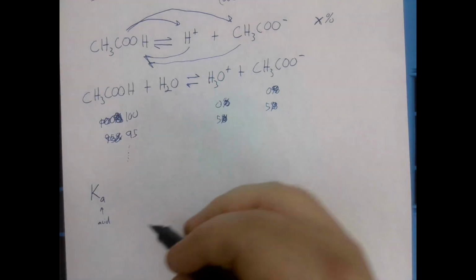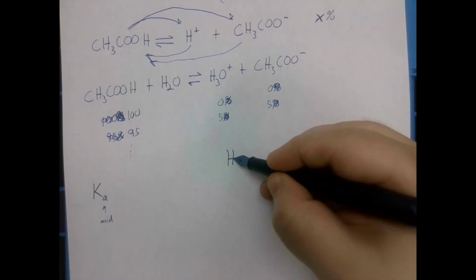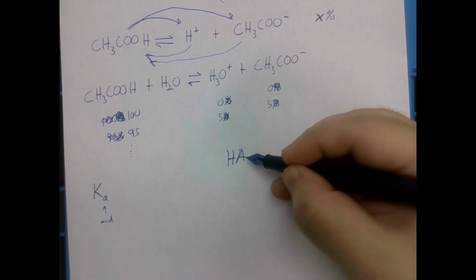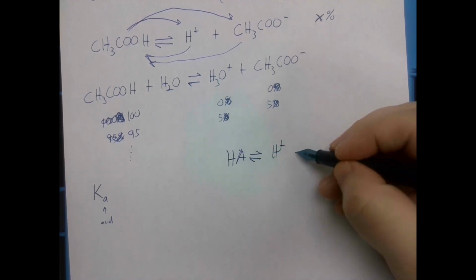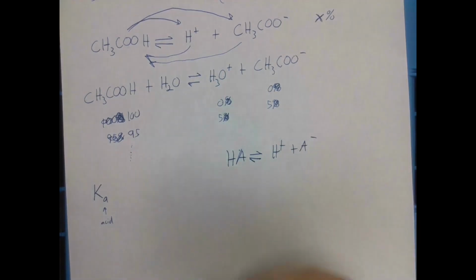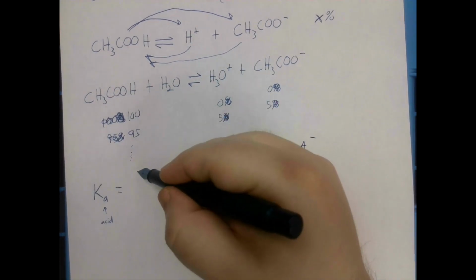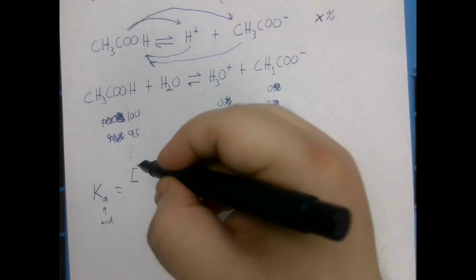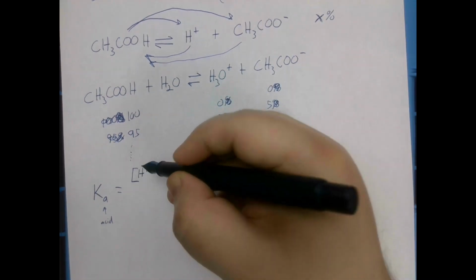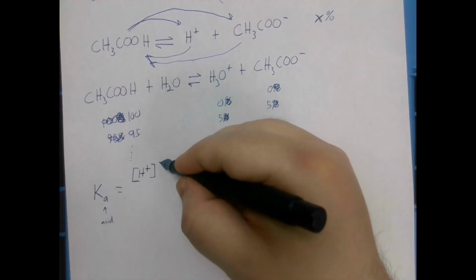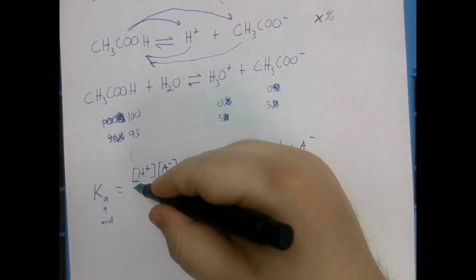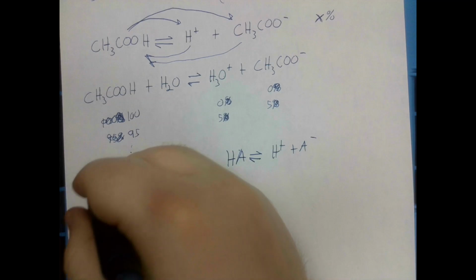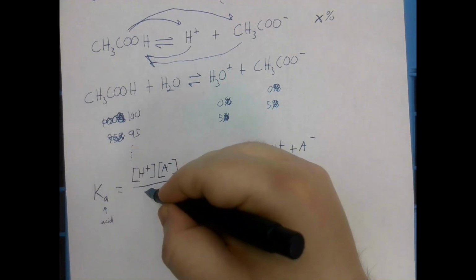And in the formula, HA goes to H plus and A negative. This constant is equal to the concentration of H plus times the concentration of A negative. And I kind of worded it as if it does depend on concentration, but I think this constant is written in such a way that it doesn't.